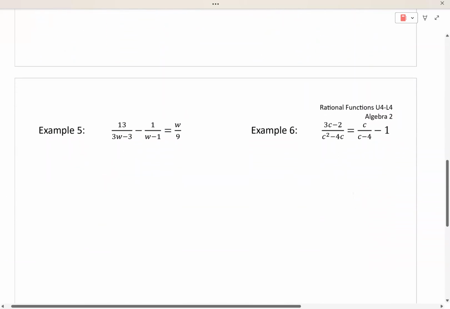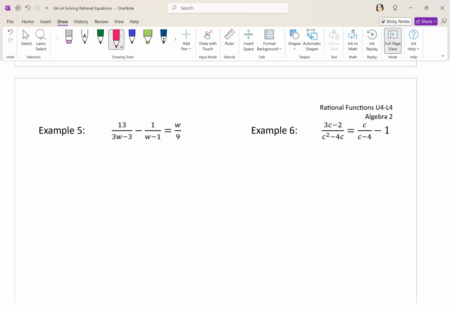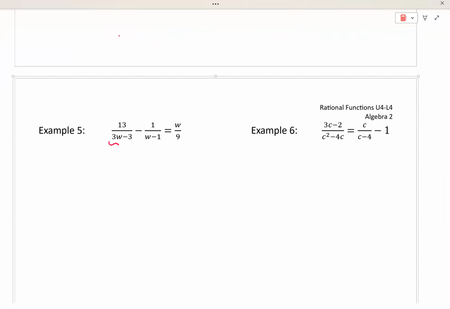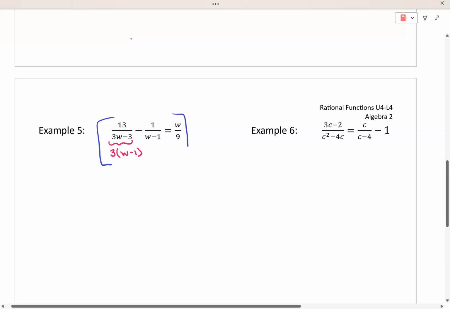Okay. So let's look at example 5. So example 5, again, we have to find the least common denominator, but here's the thing. This right here needs to be factored. So they both have a 3 in common. So we take that out, we're left with w minus 1. So remember, we got to make sure we have one of everything.